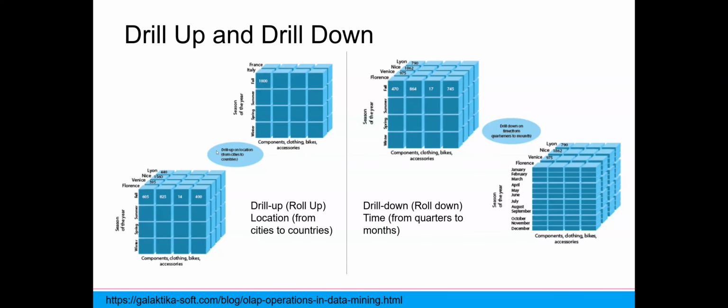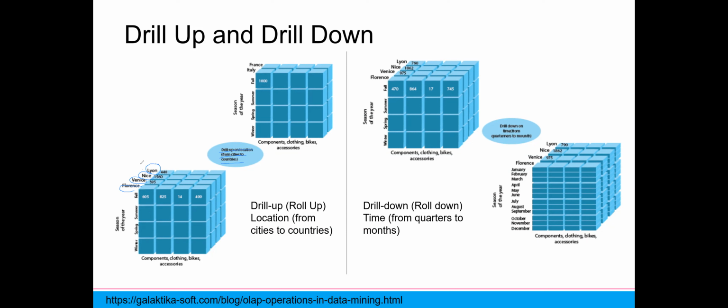So this is an example to show the drill up and drill down. What is drill up? You can see these cities: Florence, Venice, Nice, Lyon. We want to drill up on location from cities to countries.